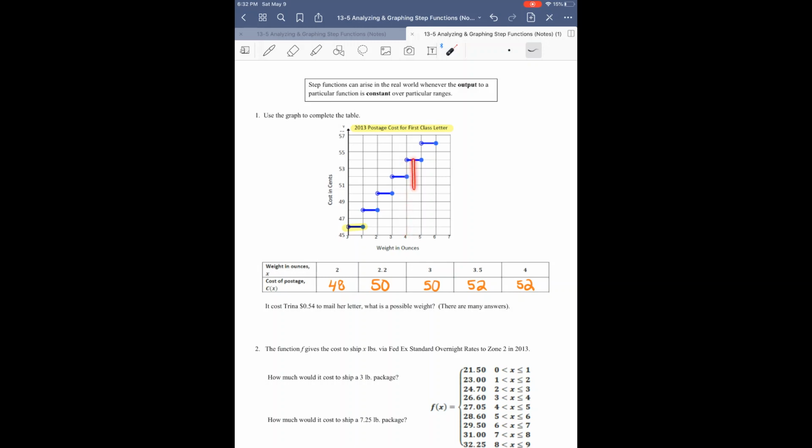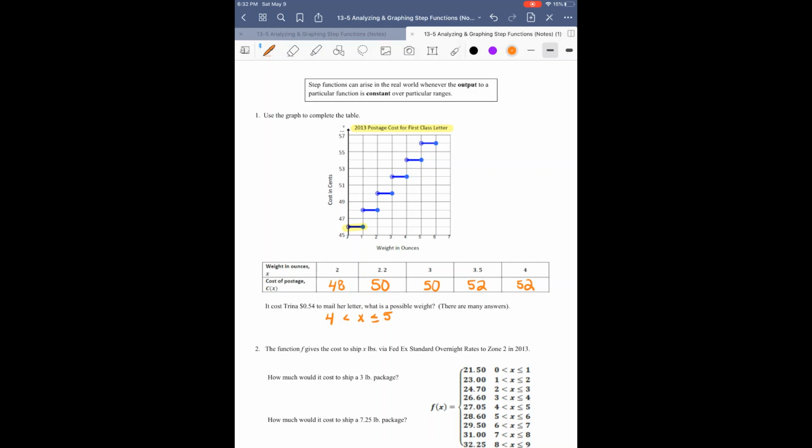You could have 4.3 ounces. You could have 4.8 ounces, all the way up to 5 ounces. So anything that you choose for this interval would have to be 4 less than x less than or equal to 5. 4 ounces is not included in this cost, but anything above it, up to 5 is. So there are many answers for this. You could have given me one answer.